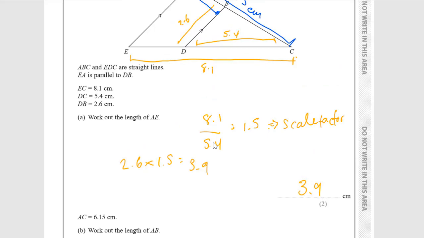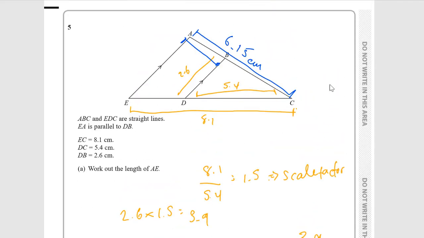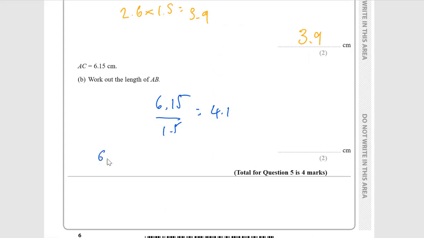So essentially all we need to do is, again, scale factors. 6.15 divided by 1.5 gives us 4.1. So we have 4.1 here, which is BC, and then we subtract that from 6.15. 6.15 take away 4.1 gives us 2.05.